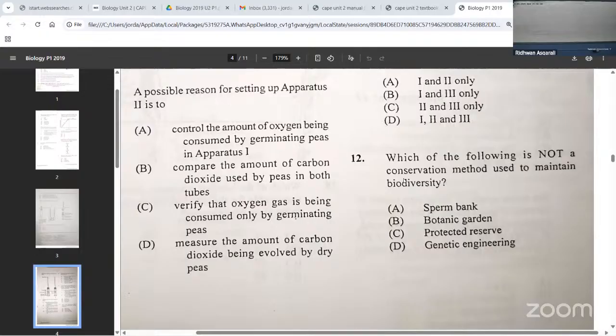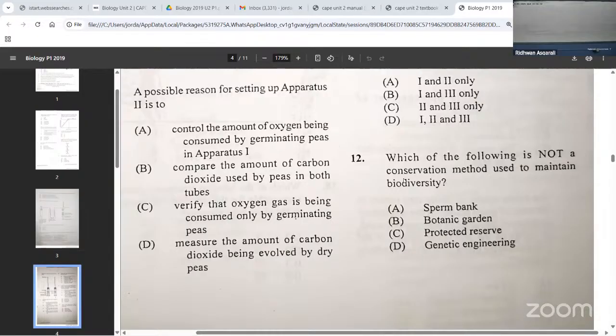Yeah, okay. So remember, biodiversity is... well, I should ask you, what is biodiversity? The different amount of organisms in a certain area, different species of organisms in a certain area.